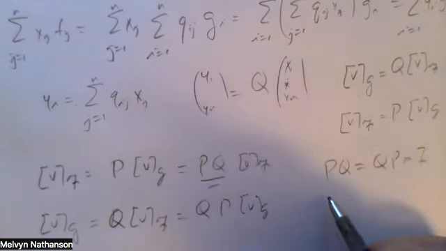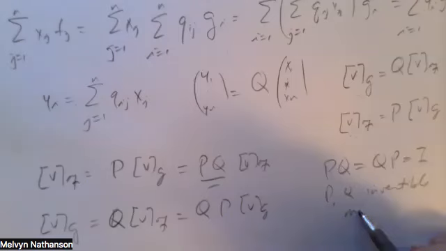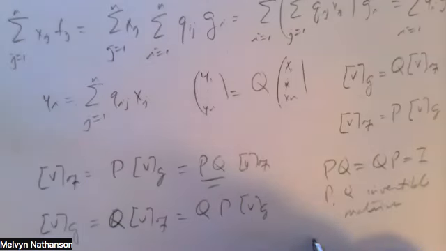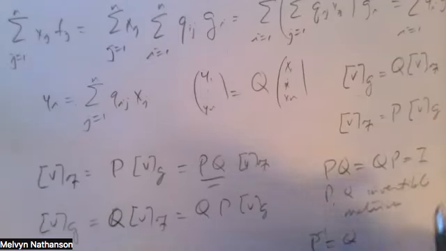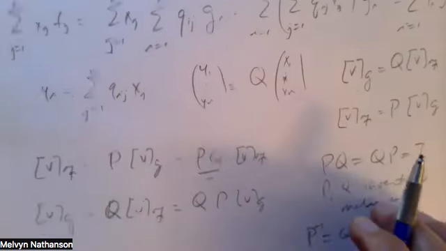So P and Q are invertible matrices, and P inverse equals Q. So the matrix that expresses a change of basis of coordinate vectors with respect to two bases is always invertible.